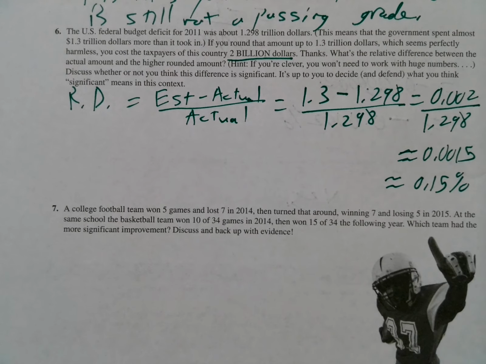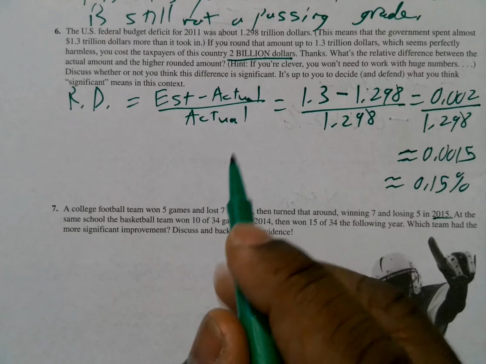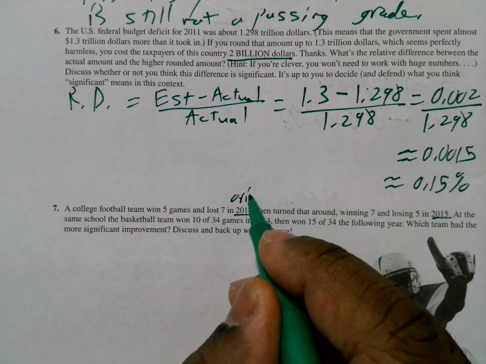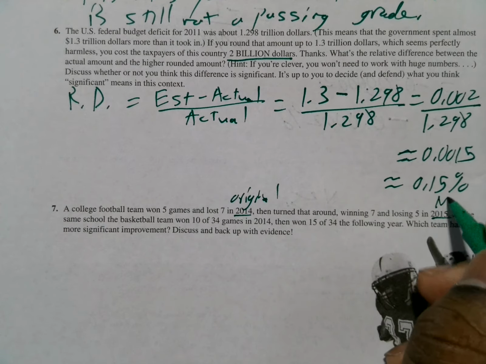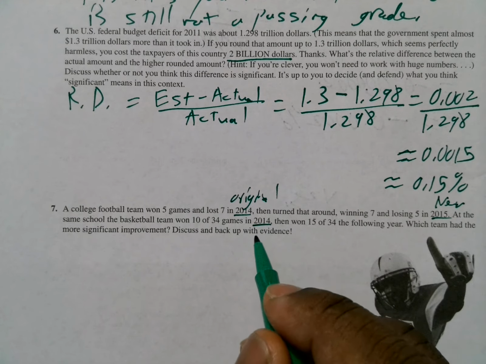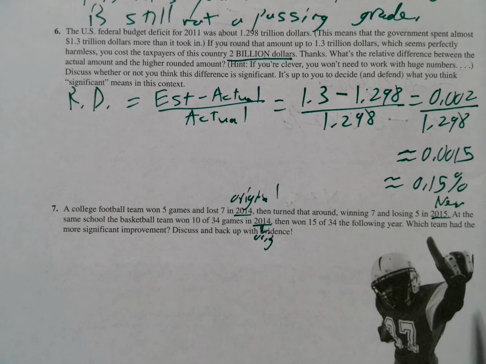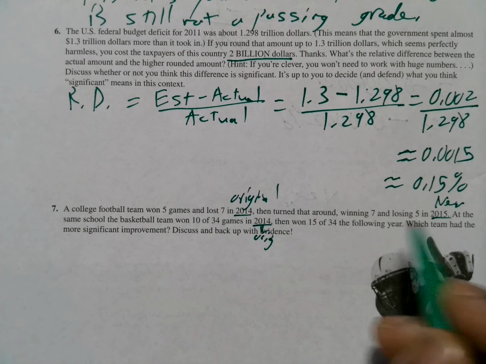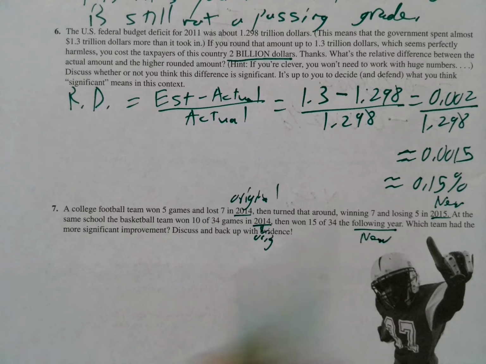Okay, so first of all, we know 2014 comes before 2015. So we know this is original and this is the new. And the same thing here. This is original and the following year would be 2015, so this would be new.